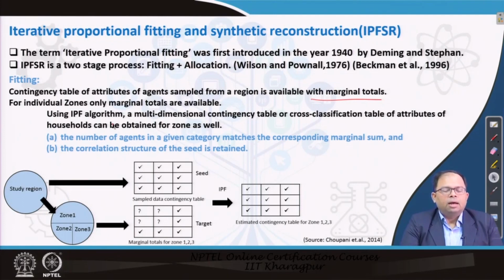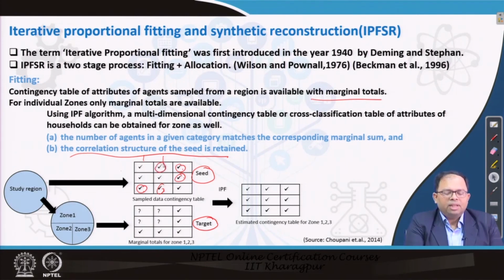Retaining the correlation structure of the seed means, for example, we have a target area and a sample data set, which we call the seed data set. These are the marginal totals for this column, and for these two rows, like a cross classification table. We also have the number of people in each of these groups.